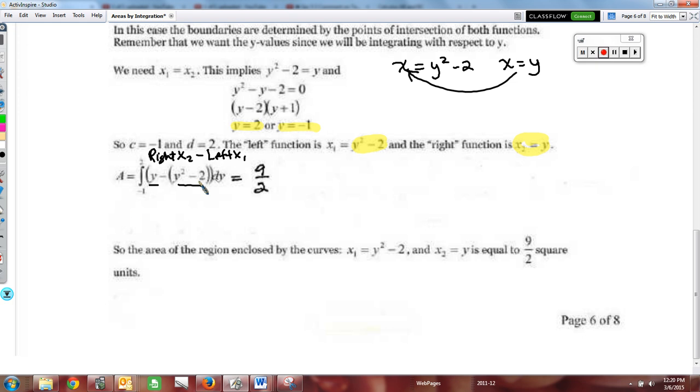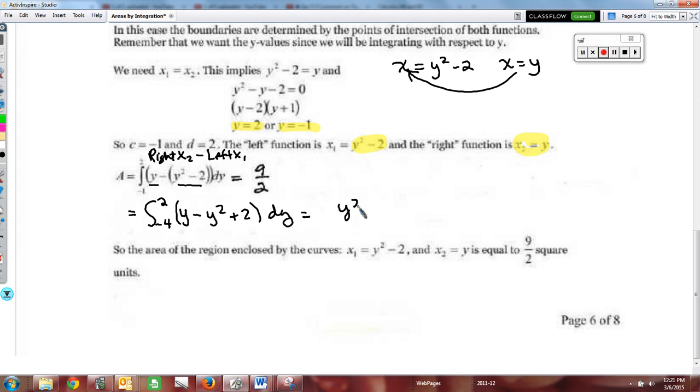Again, I can use my net change to do this. I'm going to rewrite this with some simplifying as the integral of y minus y squared plus 2 dy, which is nothing more than a polynomial, so we can find the antiderivative very easily.